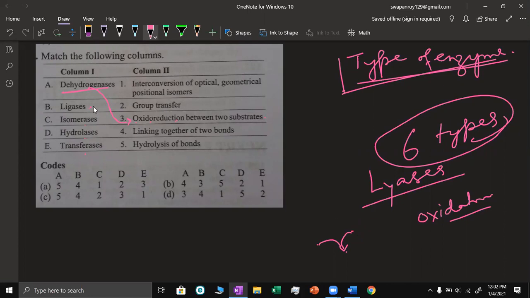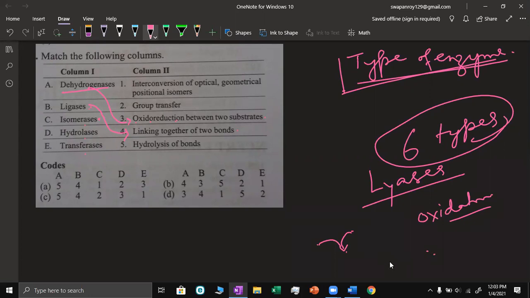So ligases link together two molecules. Isomerase, isomers: the molecular formula remains the same, but their structural, positional and other features are a little different. Like glucose and fructose, they are isomers.